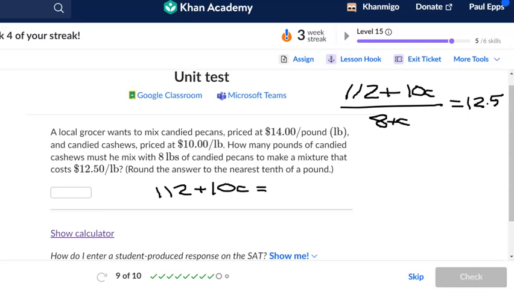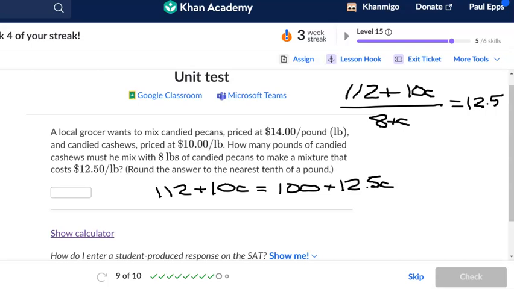12.5 times 8 is 100, plus 12.5C. All right, let's put the integers on one side and the C coefficients on the other side.